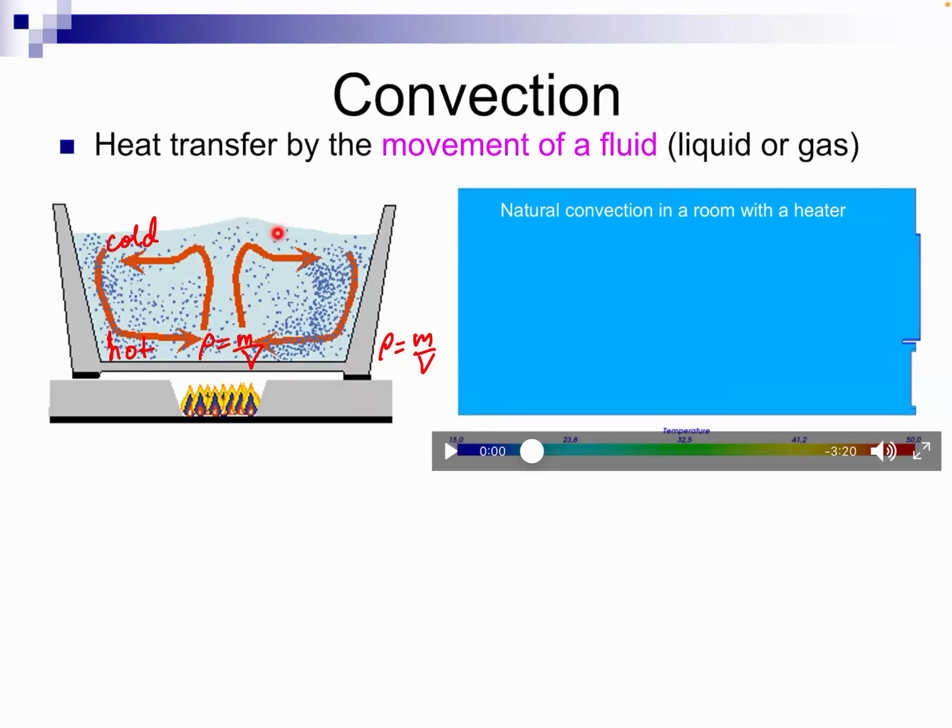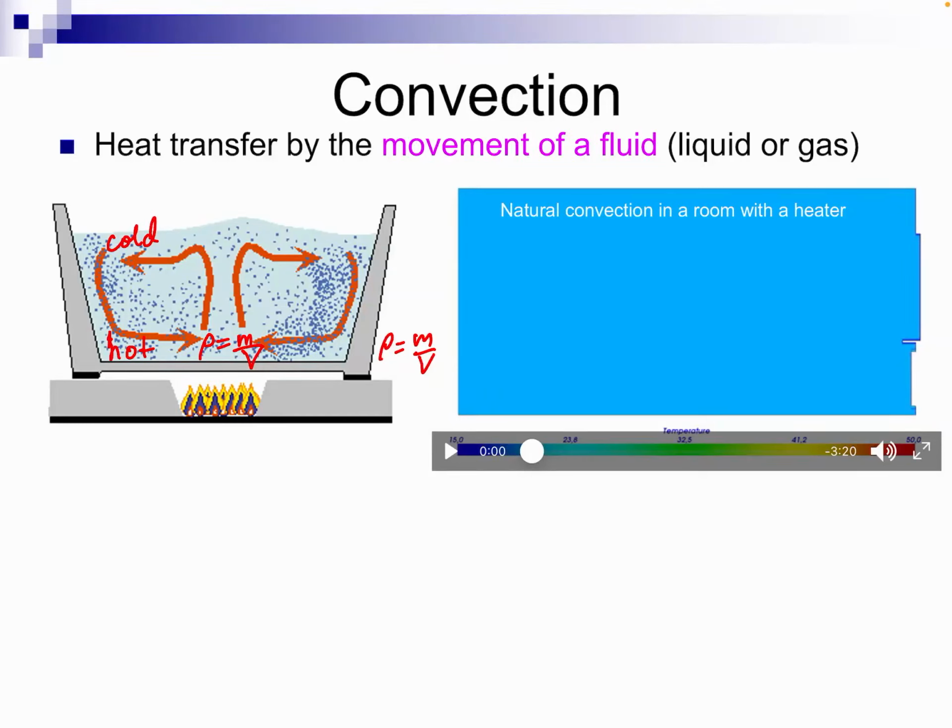Okay. The colder water molecules will, of course, be more dense than the hot or warmer water molecules, so the colder water molecules will sink to the bottom. And that cycle continues until the temperature of all the water inside the pot is at equilibrium, in which case, when temperature is the same all throughout, heat transfer stops, the same way as in conduction.